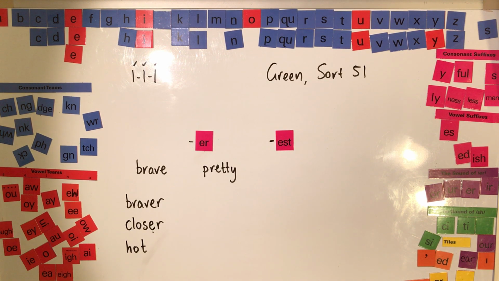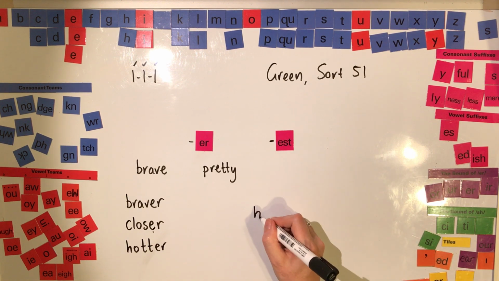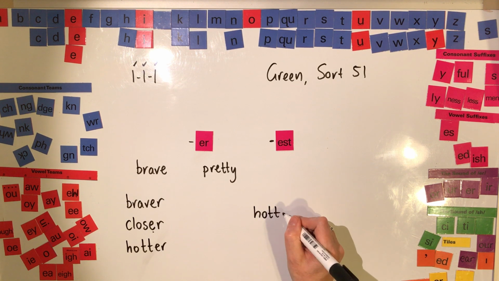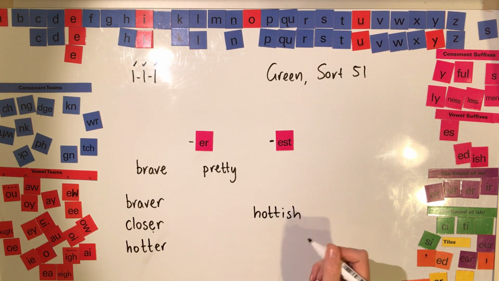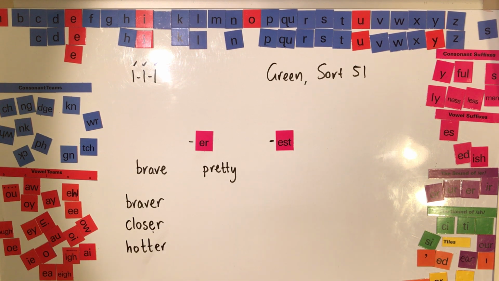So going back to this, does that tick yes, single syllable, yes, single vowel, yes, single consonant, so I have to double the middle letter before I add it. That would be the same as if you were adding hot-ish. Yeah, it's kind of hot-ish. It's not a very good word, but you get the idea about adding vowel suffixes. You have to double the middle letter if it's a 111.